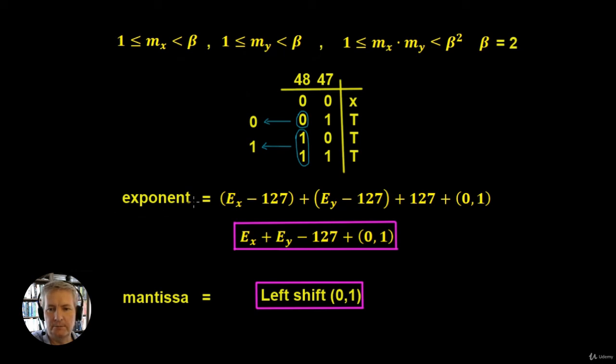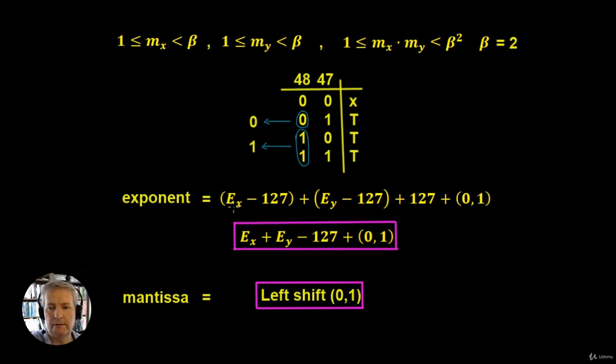We can see the exponent was generated by the value of our exponent EX minus the bias. Then we added on the value of EY and we took the bias off again, minus the bias. And then finally, when we've added both of them together, we added the bias back on. And then we added the value of 0 or 1 onto it.